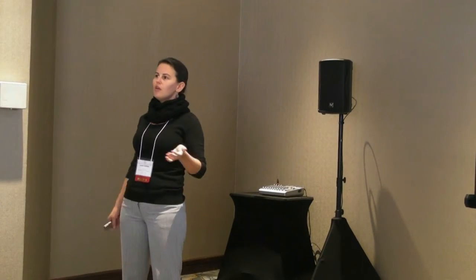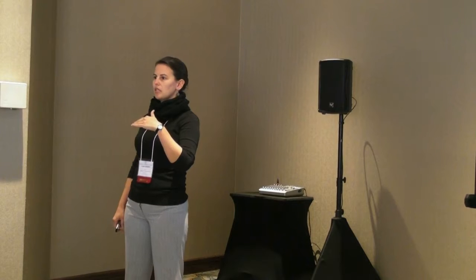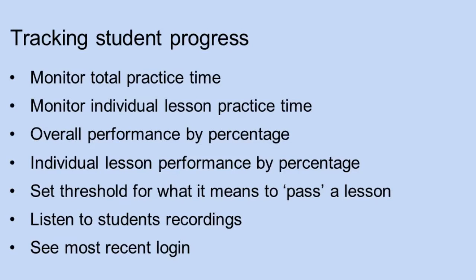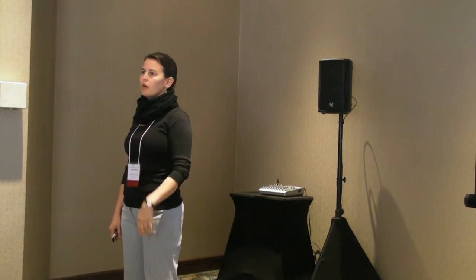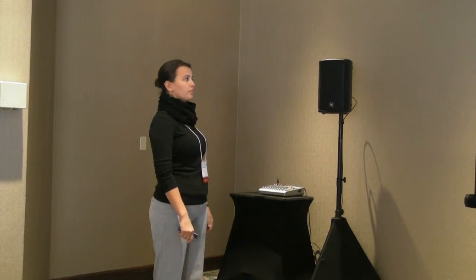If you have all 4, yay, good job. So you can see exactly what percentage your students got on that particular lesson. And if you choose to, you can set a threshold for what it means to pass any particular lesson. I think the default is 70 or 75% for what is considered passing. But if you want to set it lower or higher, you can do that.